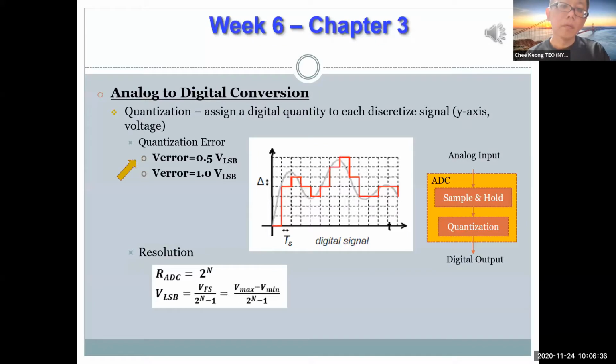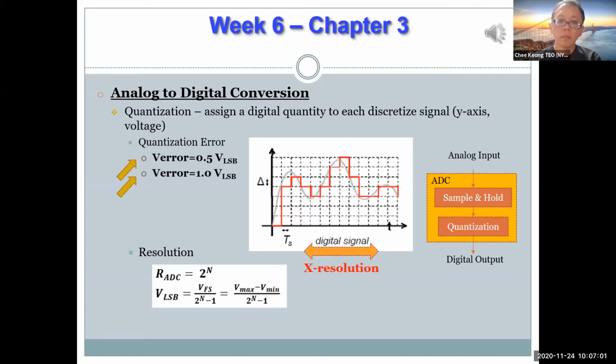As we have already mentioned, ADCs come in 0.5 volt LSB and 1 volt LSB error types. For the 0.5 volt LSB type, the sample value will be coded to the nearer value in that interval. For the 1 volt LSB type, the sample value will be coded to the lower value in the interval.